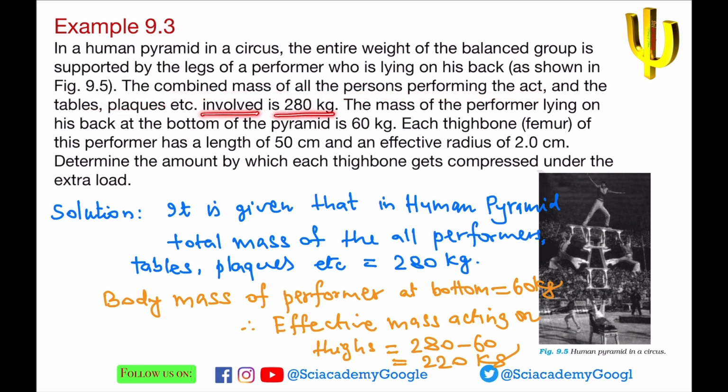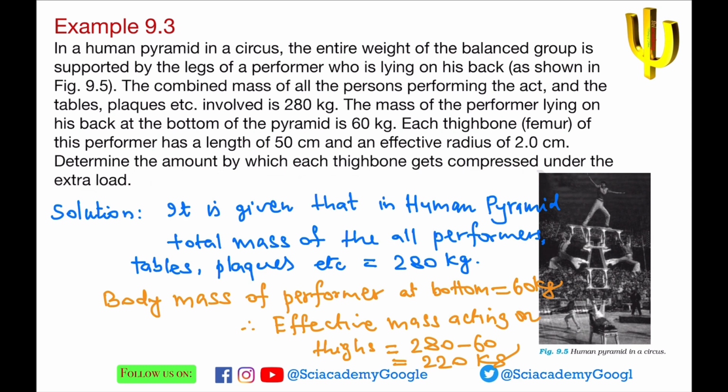The combined mass of all the persons performing the act and the tables, plaques, etc. involved is given, that is 280 kg. The mass of the performer lying on his back at the bottom of the pyramid is 60 kg. Each thigh bone, the femur, of this performer has a length of 50 cm and an effective radius of 2.0 cm. Determine the amount by which each thigh bone gets compressed under the extra load.